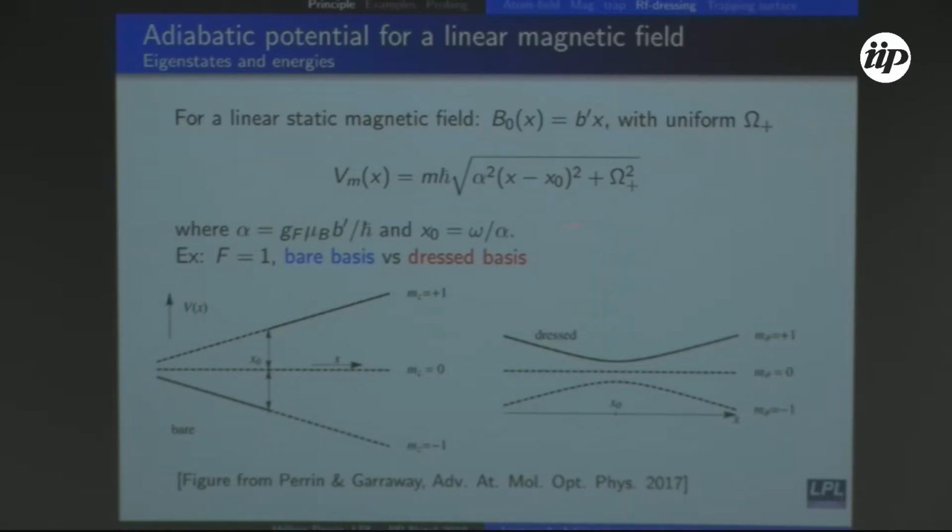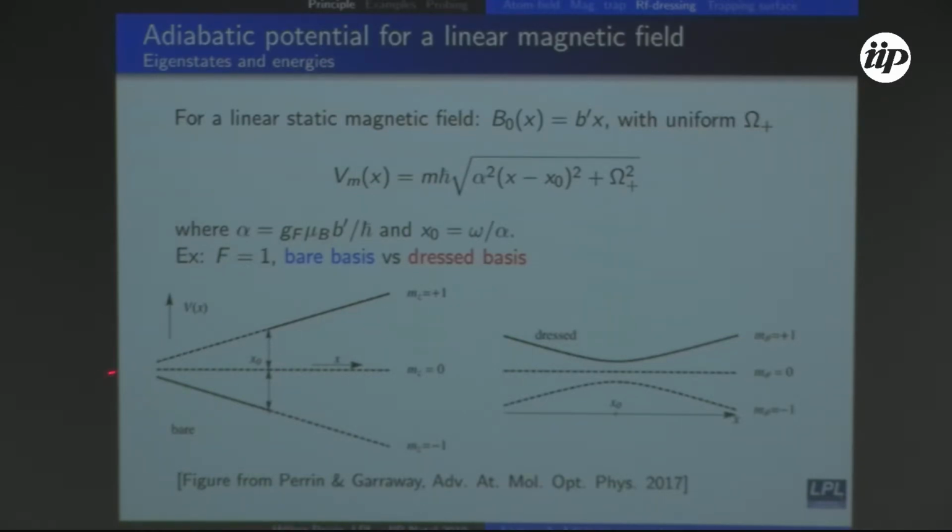So imagine you have a uniform coupling. You end up with a potential like that. And in fact, this potential is very similar to the Joffe-Pritchard potential in the transverse direction, where the field varies in direction. And you can see what happens to the atoms in a nice drawing like that.